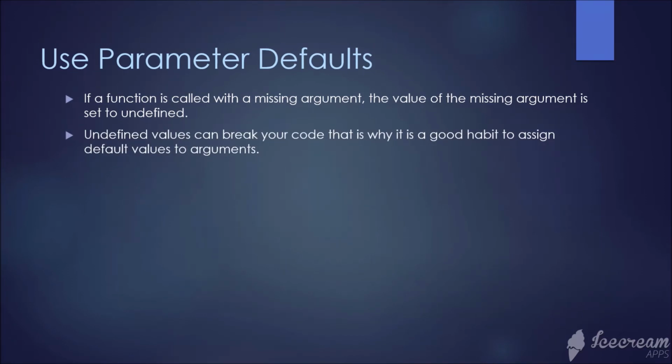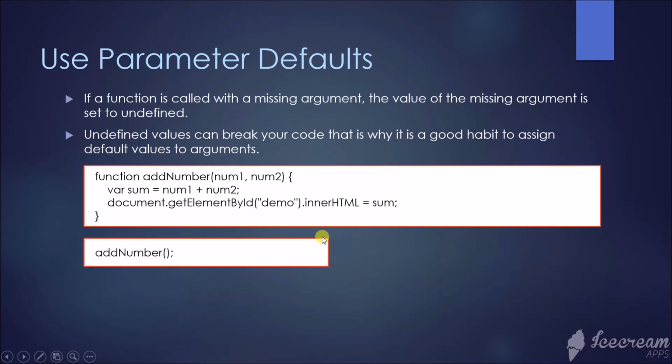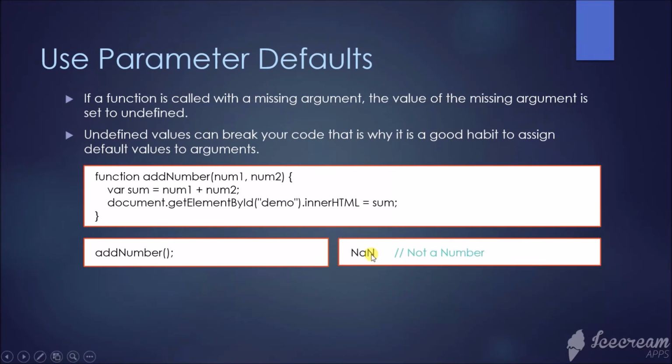That is why it is a good habit to assign default values to arguments. So, ito yung code natin kanina, basically. Okay? So, if we call that function without passing any argument, and since yung process natin dito is mayroong calculation, yung magiging output will be ganito.